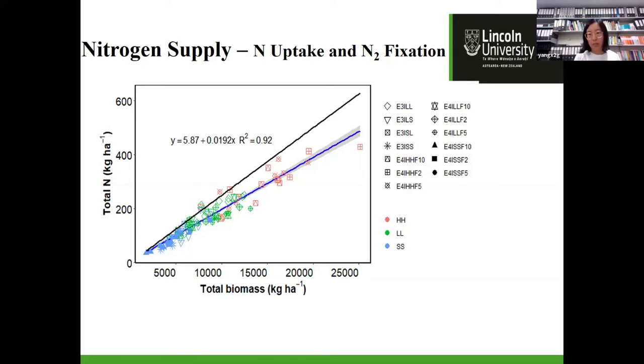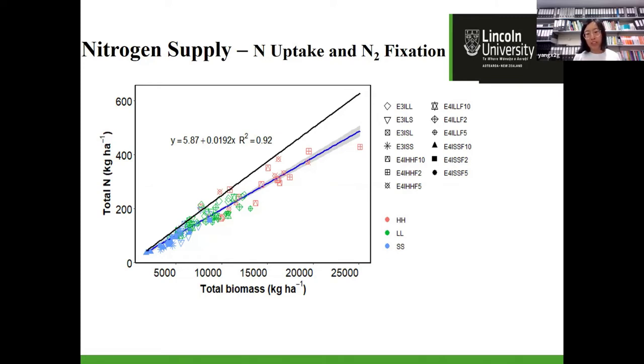The carbon supply was through light interception, which we covered on the second day, and dry matter demand was through the third day, on how leaf, stem, and root demand the carbon made through the photosynthesis process. For nitrogen, it's the same story. Nitrogen supply was from nitrogen uptake and nitrogen fixation.